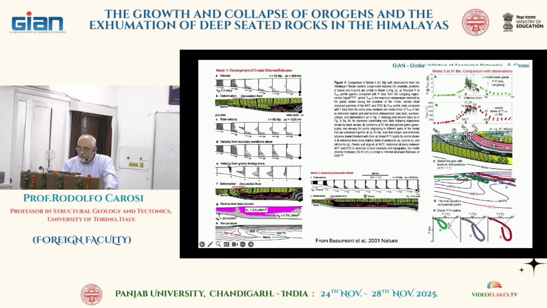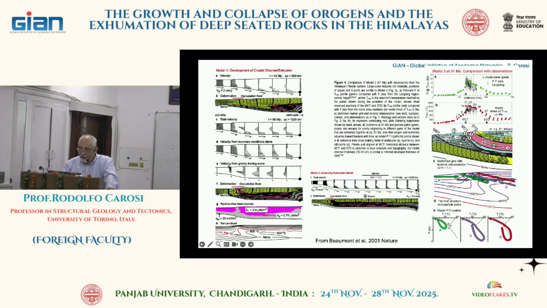They compared the PT data from real rocks, the black ones of temperature and pressure, and the green and red dots are from the model. So there was a good match between the natural data and the model.